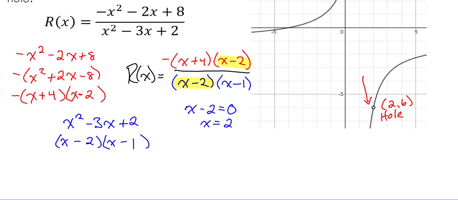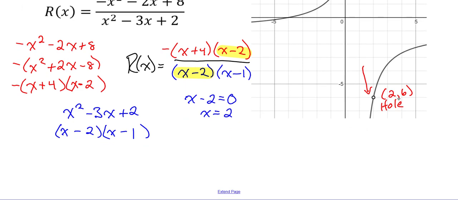Now to find the actual location of the hole, you're going to take your simplified function. That means we're not going to use the x minus 2, and we're going to put 2 in for x.